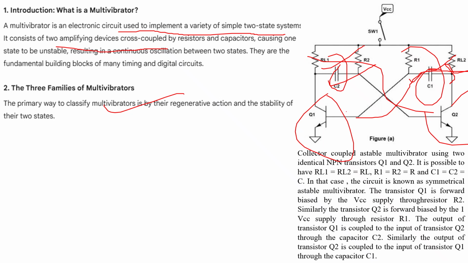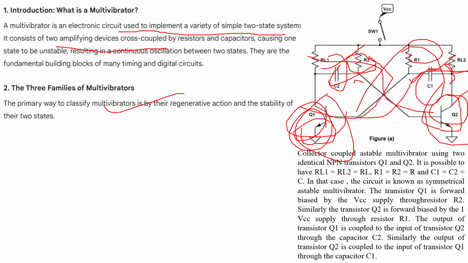The transistor Q1 is forward biased by the VCC power supply through resistor R2, and similarly transistor Q2 is forward biased by the VCC power supply using R1.